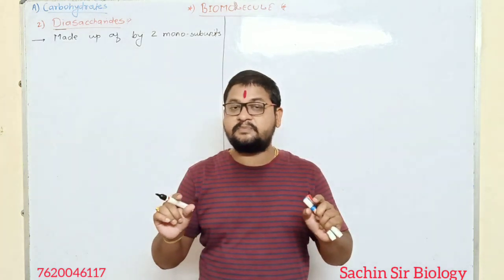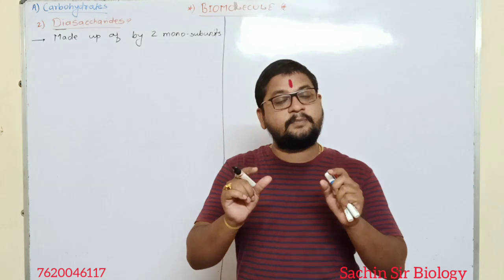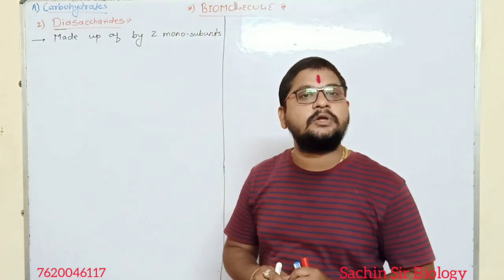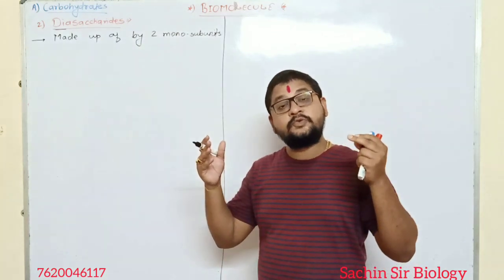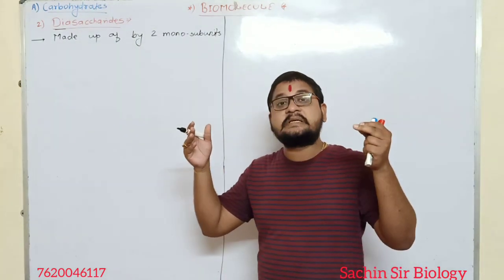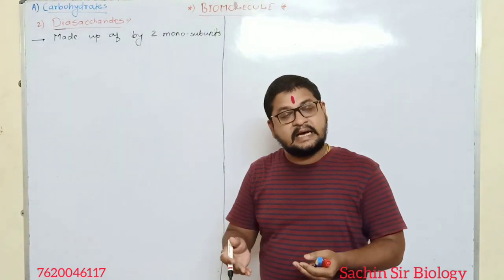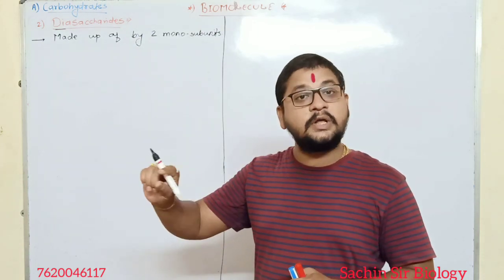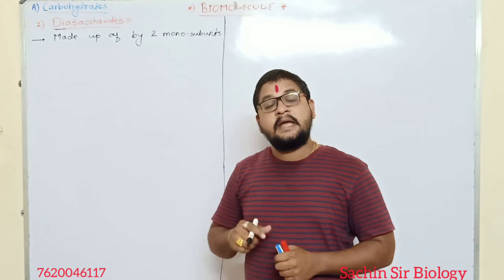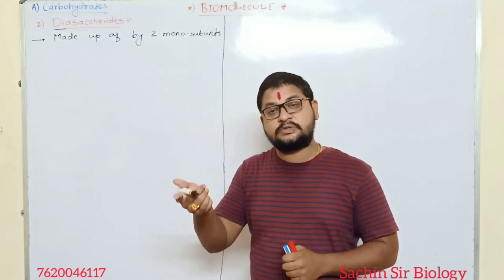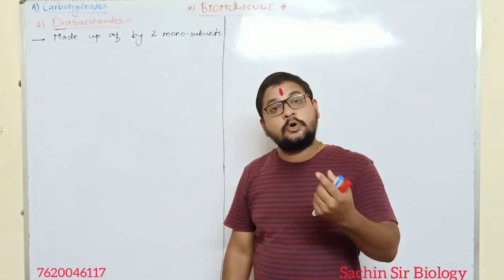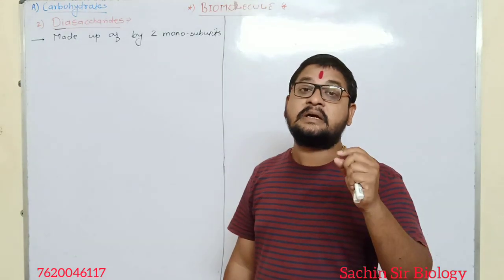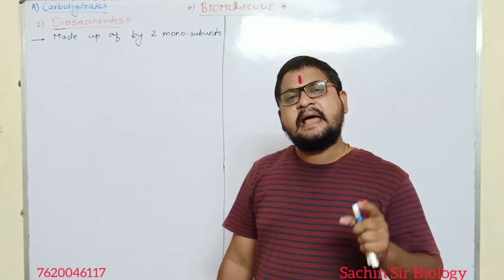It's a very simple process. It is made up of two mono subunits, meaning two monosaccharide molecules. When two monosaccharide molecules condense, dehydration takes place, meaning a water molecule is removed, and between these two monosaccharide molecules a bond is produced. This bond is called a glycosidic bond.